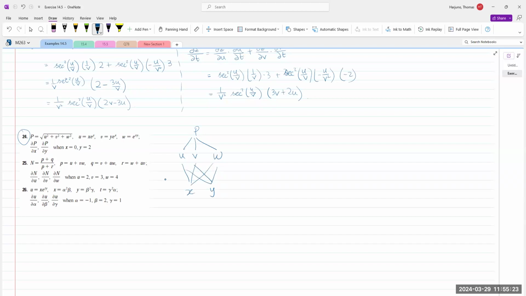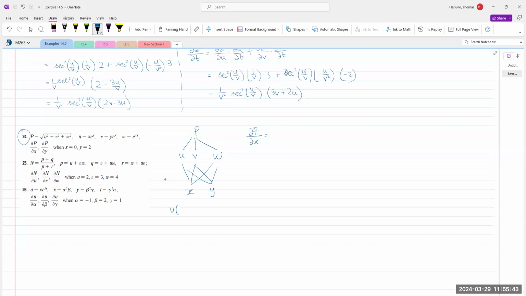What we need are ∂p/∂x and ∂p/∂y. Let's do ∂p/∂x first, and we will plug in x equals 0, y equals 2. Okay, let's compute that first then.